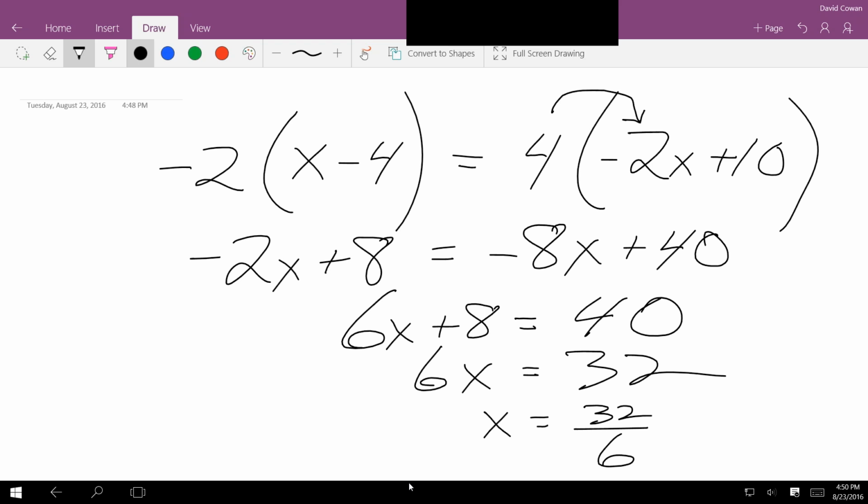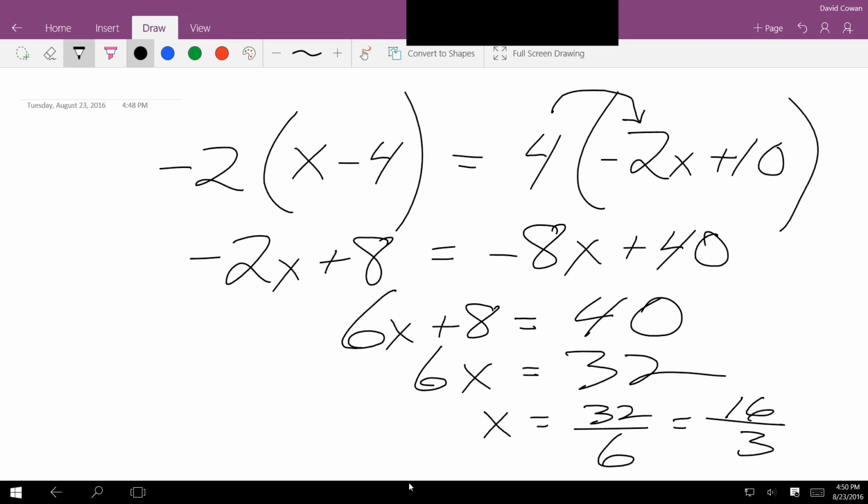If you have an even number over an even number, it can always be simplified, because all even numbers are divisible by 2. So I can definitely divide the top by 2 and the bottom by 2. Half of 32, which is what you get when you divide 32 by 2, is 16. 16 over 3.